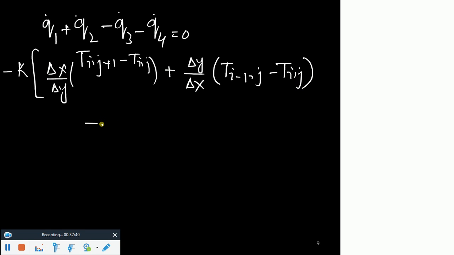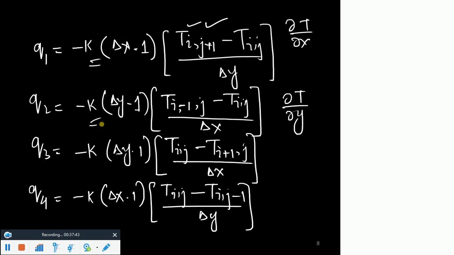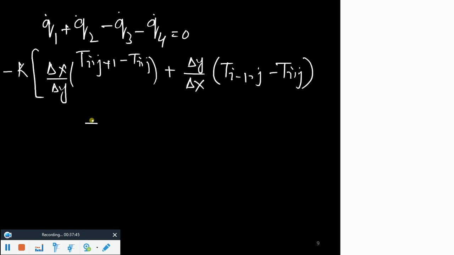And then next I have Q2 term, where I have delta y over delta x, and then I have Ti minus 1 j minus Tij. Similarly, next level I have this negative sign with me. So I'm sorry, if this is negative, this should be positive. Okay, fine, then a negative sign is there.